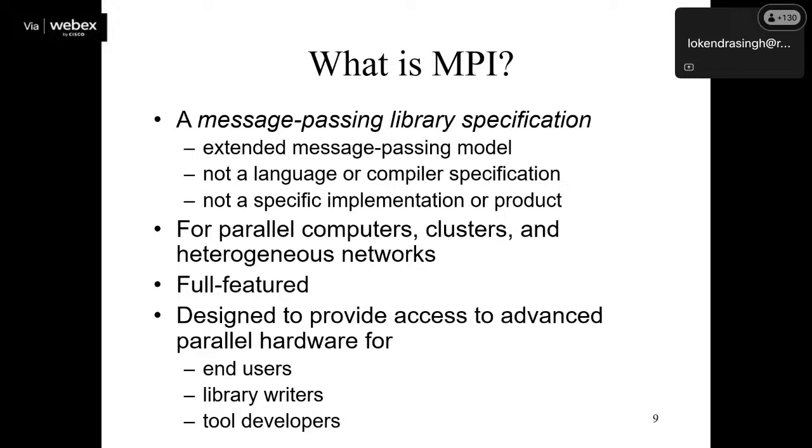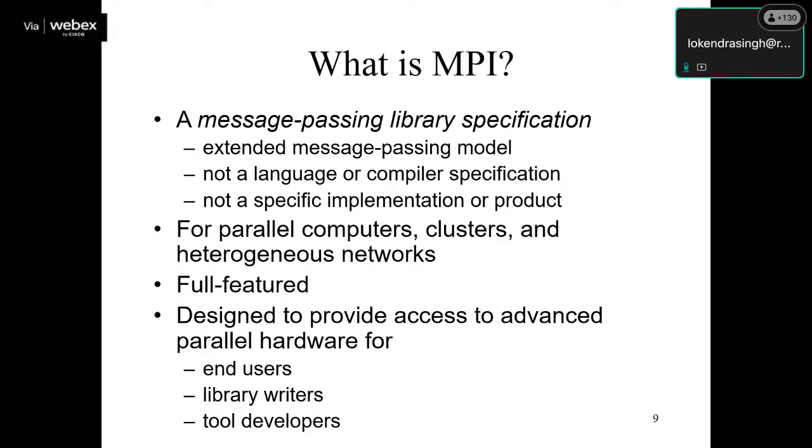So we can use the MPI routines or programs on parallel computers or clusters. Clusters means more than 2 computers used together as a cluster, and heterogeneous networks means there are different systems, some using Windows OS, some using Linux, like that.